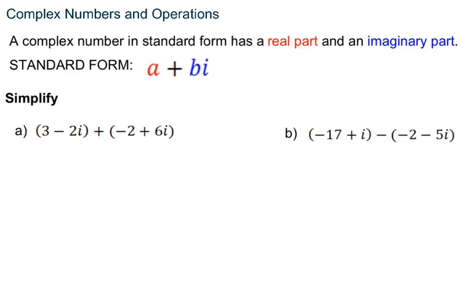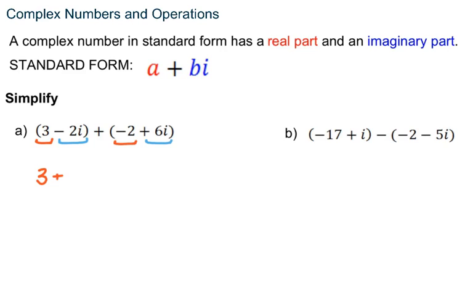So for example A, we have 3 minus 2i plus -2 plus 6i. You'll notice that each of these numbers has a real and an imaginary part. Adding these two complex numbers is as simple as adding each portion.